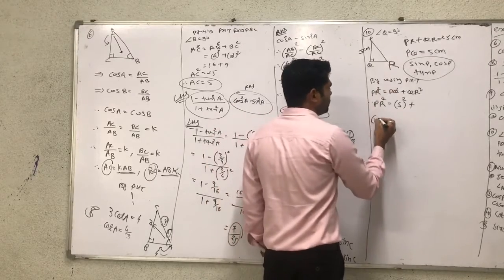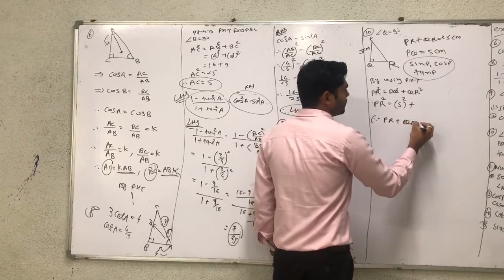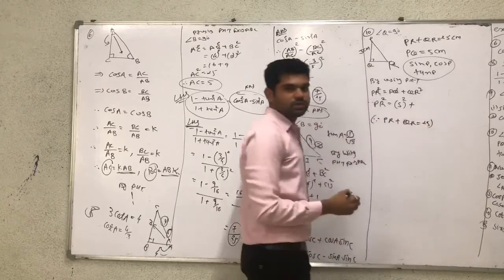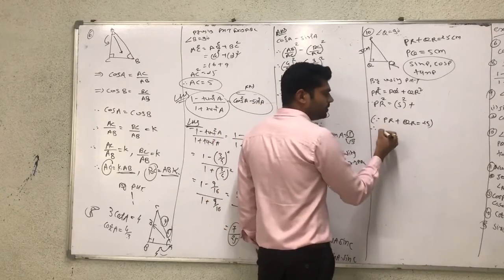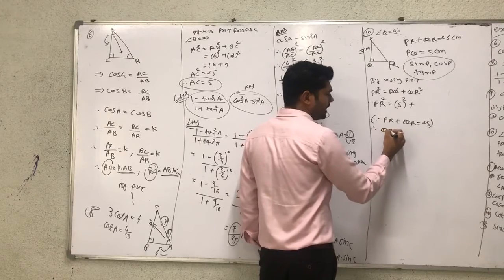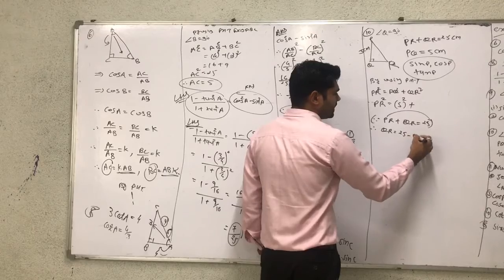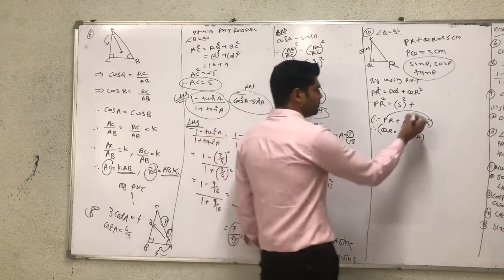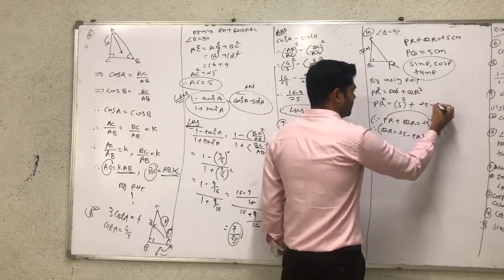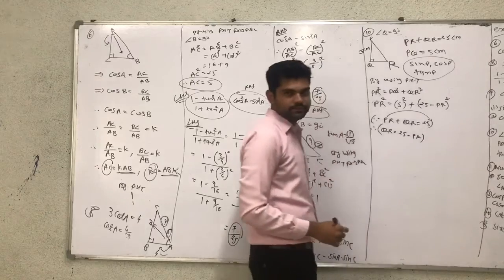Given that PR plus QR is equal to 25, so the value of QR is equal to 25 minus PR. So in place of QR, we take 25 minus PR whole square.